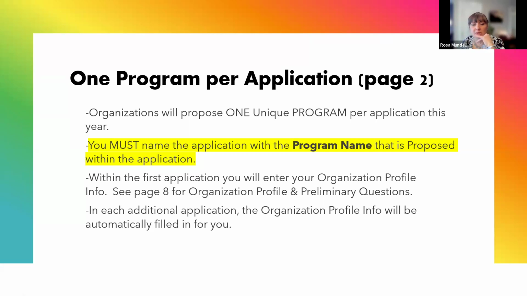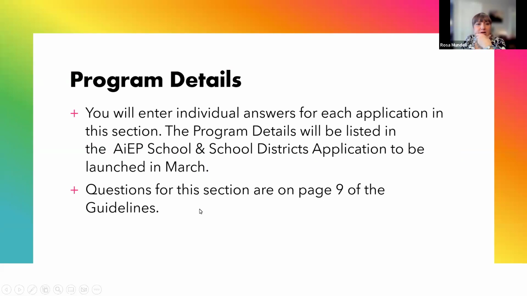When you go to apply with your second program and enter a new application, all of the information in the organization profile and preliminary questions will be auto-populated into your second application, and you will just be going through the program details and budget separately for that individual program. I'll show you how that works as well.